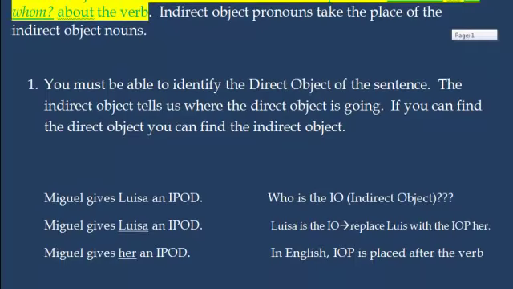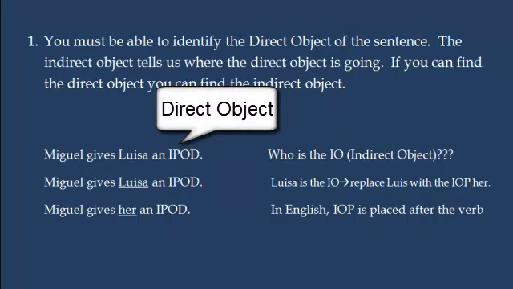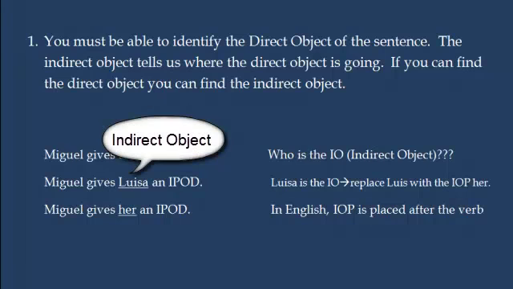Let's do some examples in English. Miguel gives Luisa an iPod. Okay, steps. What is being given? The iPod. That's your direct object. Where is this direct object going? It's going to Luisa because Miguel gives Luisa the iPod.